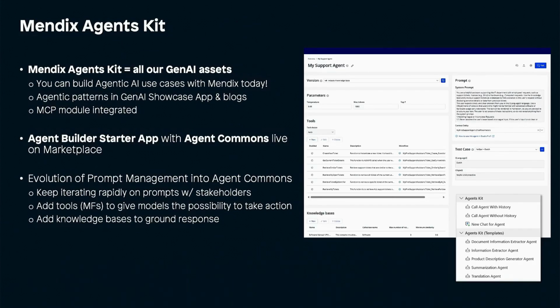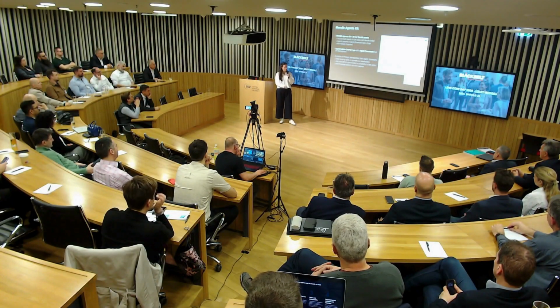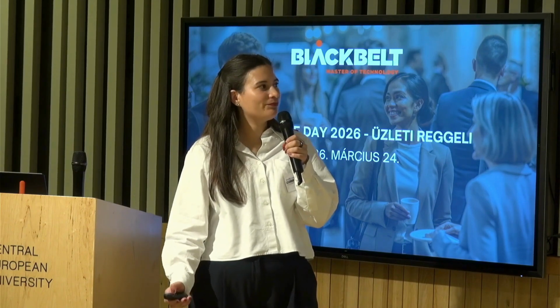So first of all, Mendix also has all of these parts of agents, meaning that you can have agents in your applications that are able to have knowledge bases or are able to call specific tools. And by tools, I also mean MCP, for instance, or maybe a specific logic that you want to have in your application. You can test it directly, and it's very easy to work with them.